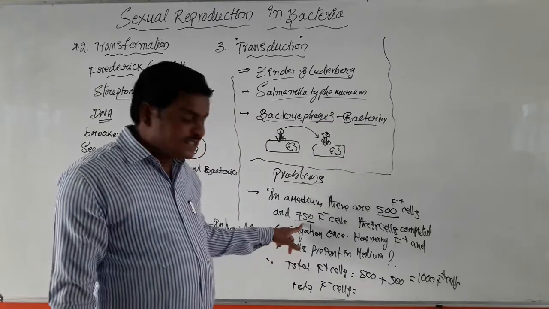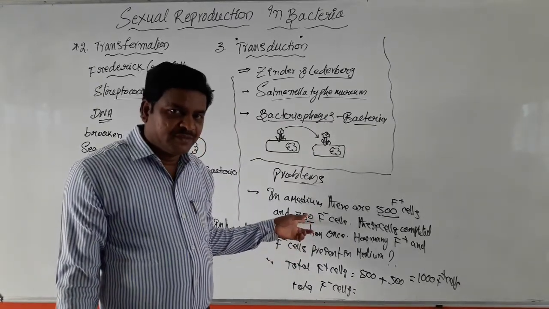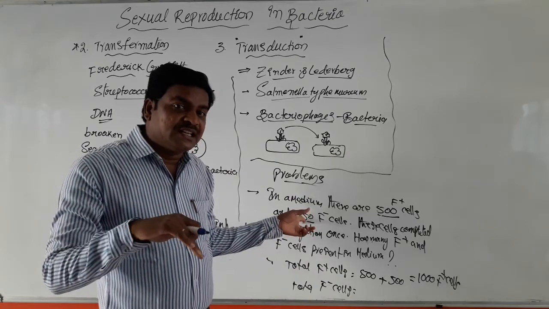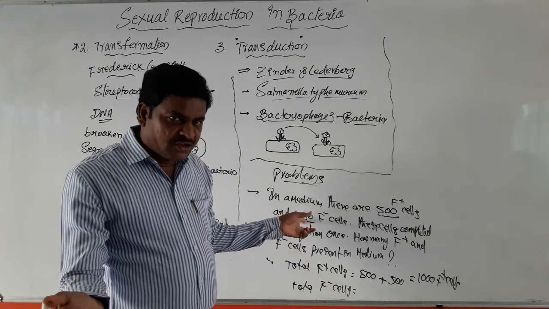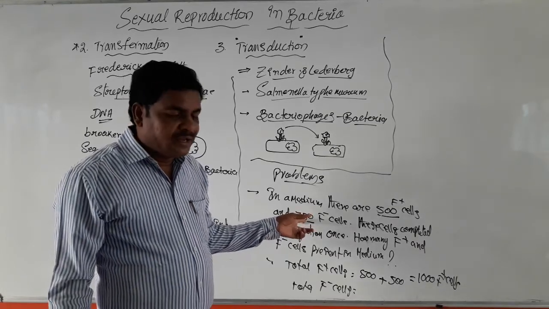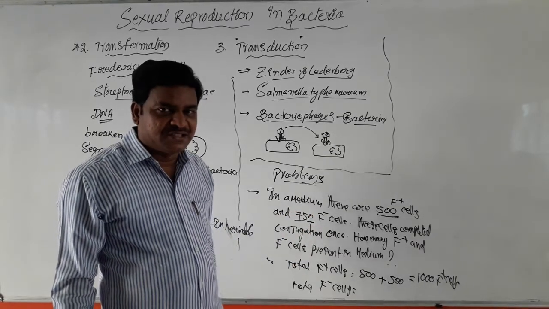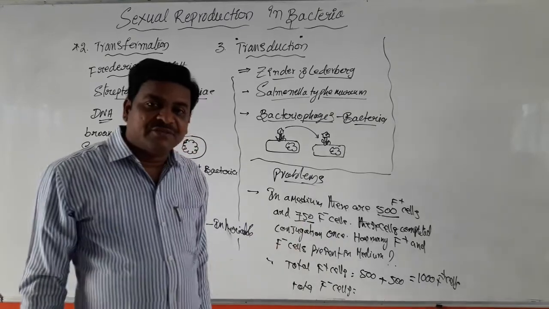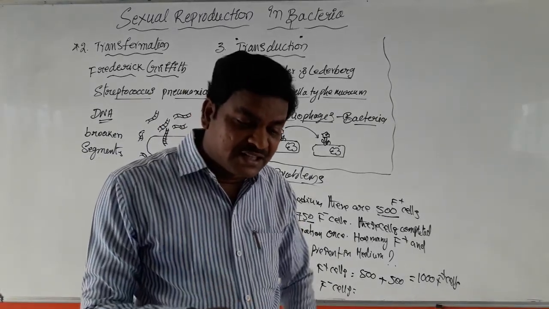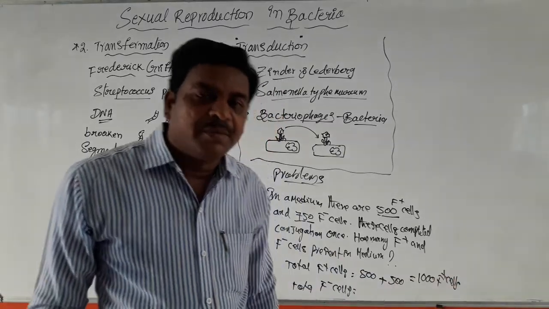Basically F minus cells are 750. Among these 750 minus cells, 500 cells participated in conjugation and are converted into plus cells. Remaining cells are minus cells. So among these 750 minus cells, 500 F minus cells are converted into plus by conjugation.